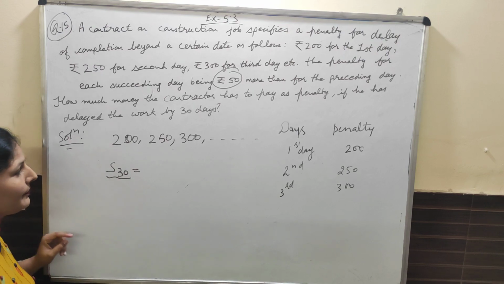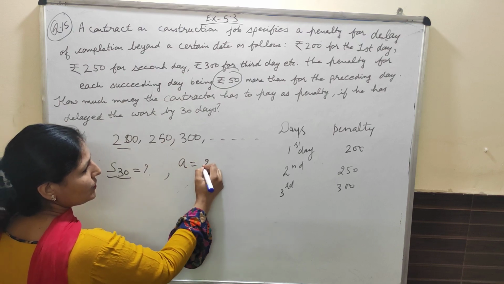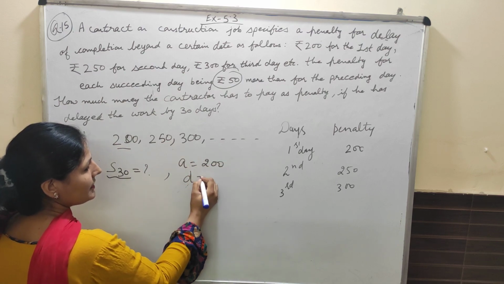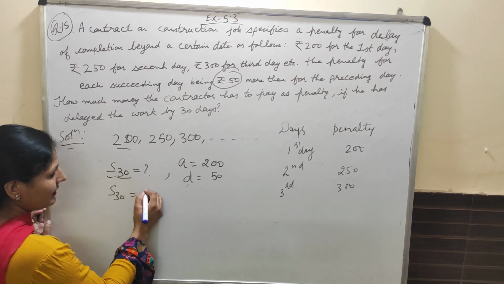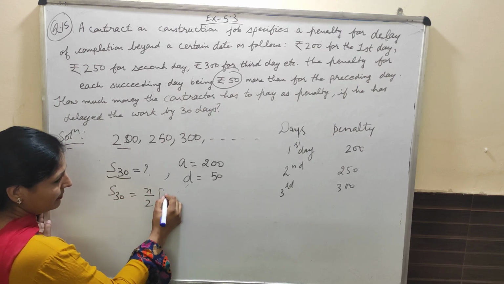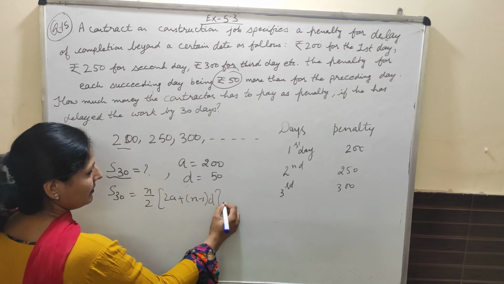Is it clear? So first, a is 200. What is d? 50. Now we have to calculate S30, n by 2 into 2a plus n minus 1 into d.